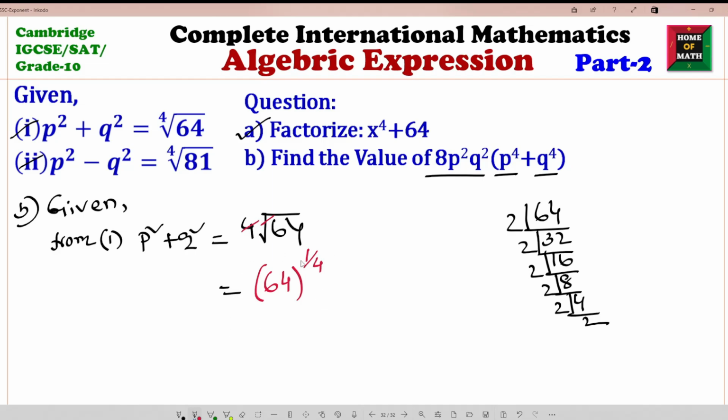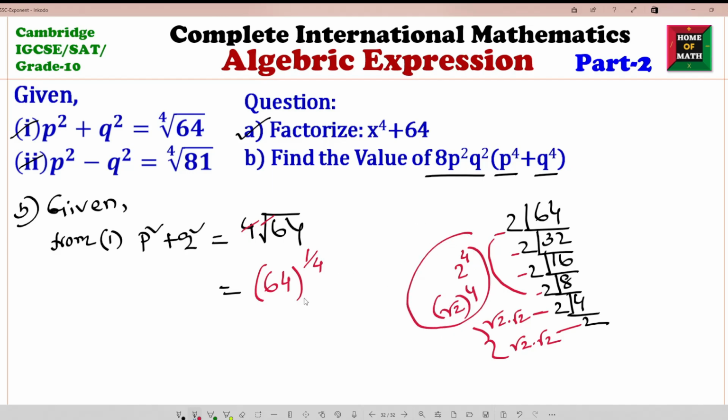This 64 we can write as 2 to the power 4 times root 2 times root 2, so root 2 to the power 4, and overall 2 root 2 to the power 4, and times 1 by 4.